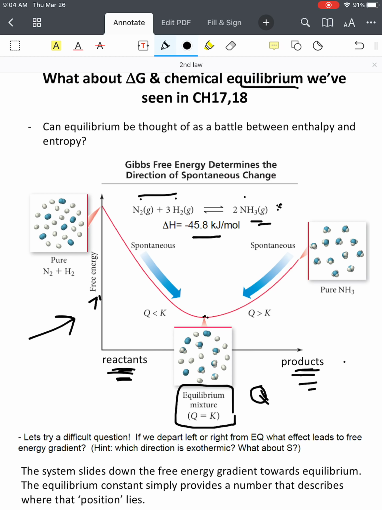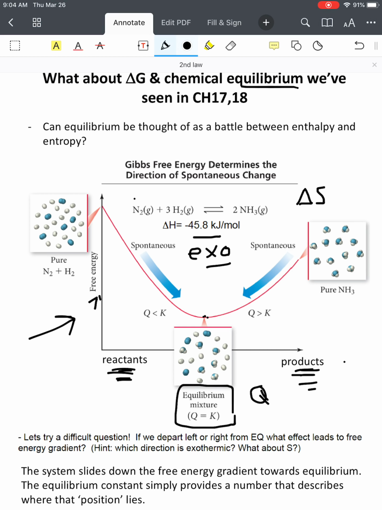Okay, now we know this reaction is what? Exothermic, isn't it? What do we know about the delta S for this reaction? Well, we're not told anything right now, are we? But maybe we can make some sense of what the sign on the delta S might be by just looking at the reaction. So what do we do here?